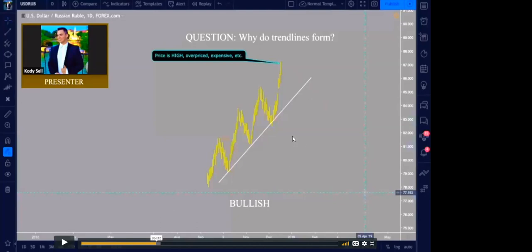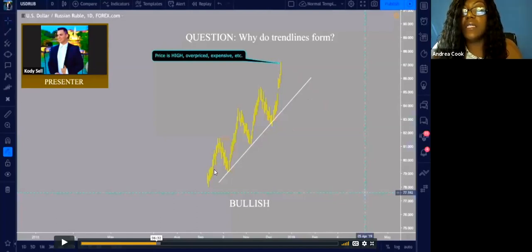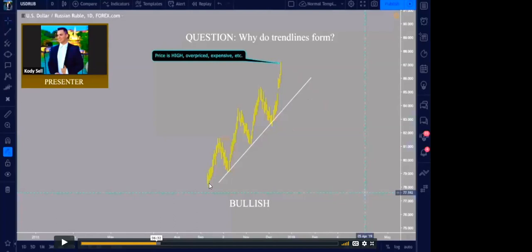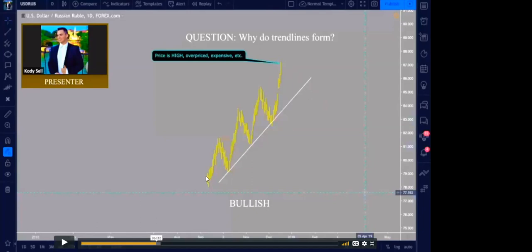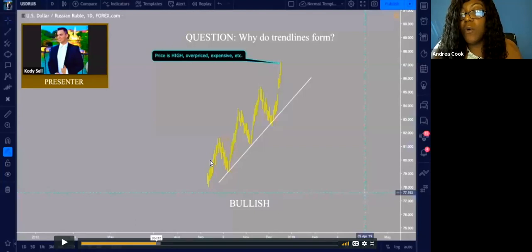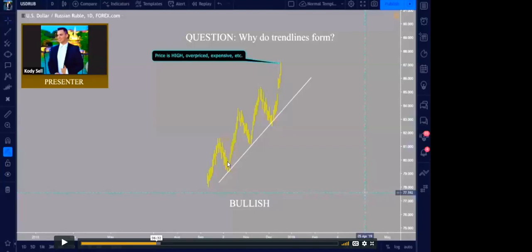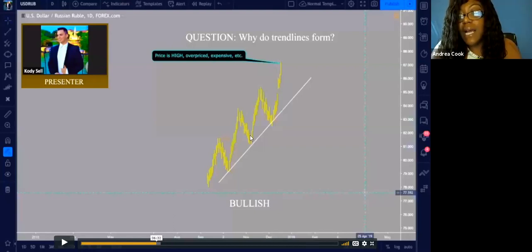Explain exactly what the retest is. Is that the rebound? The retest is, okay, you see how price started here at the bottom and went all the way up here? It cannot make it up there by just going straight up. It's got to gain some momentum, so it goes up, it comes down, gains some momentum so it can go higher. Every time it comes down, it goes higher.